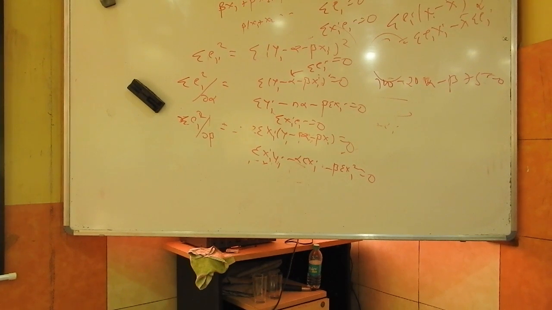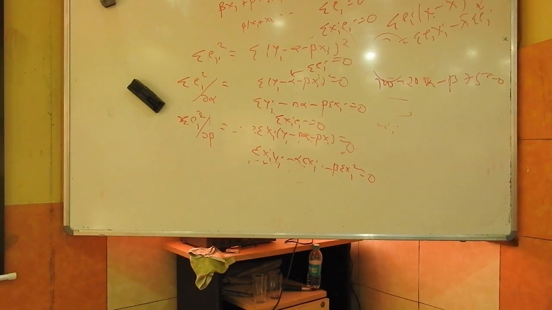Summation xi ei equal to 0, which means that the covariance of xi is equal to 0. Because summation xi ei is nothing but the covariance of xi, अपन ने दिखा है after all the brackets open up. After all the brackets open out, covariance of xi ei is nothing but summation xi ei. Right?